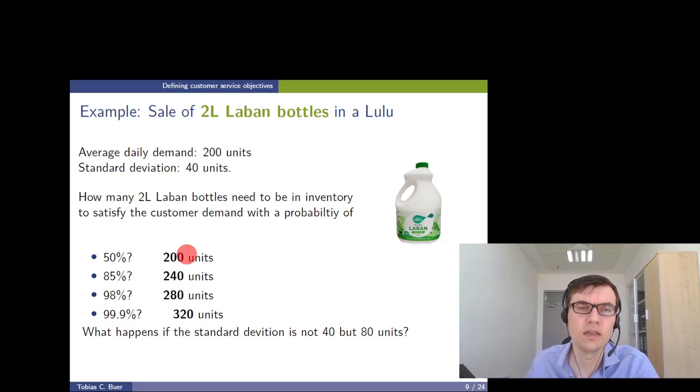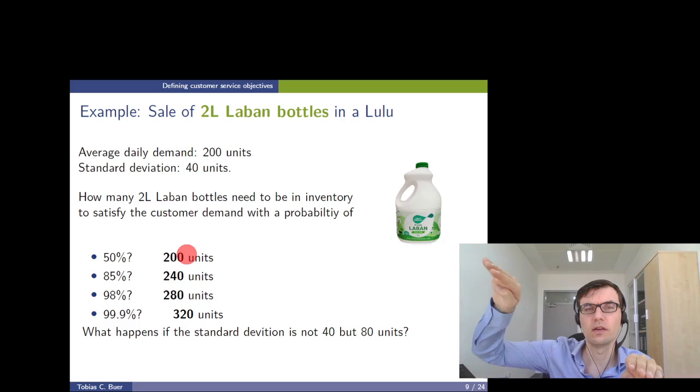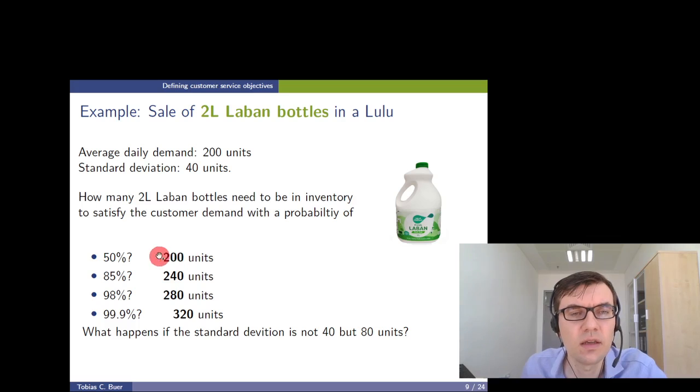And you can also see how the cost for having a higher customer service level is increasing exponentially. It's very easy to increase the customer satisfaction from 50% to 85% by adding 40 more bottles.